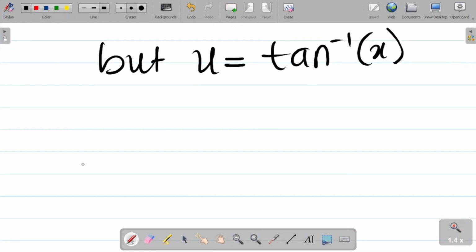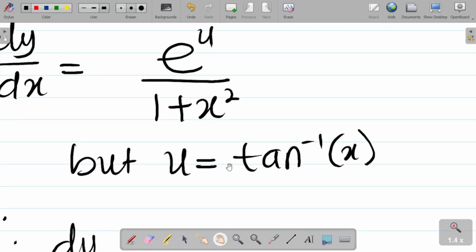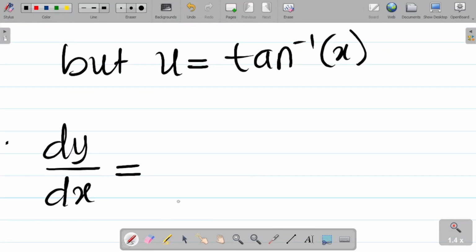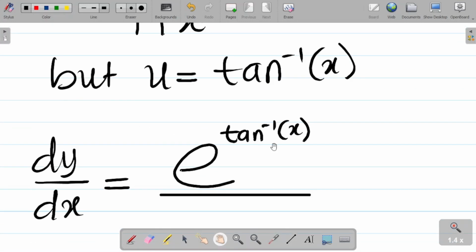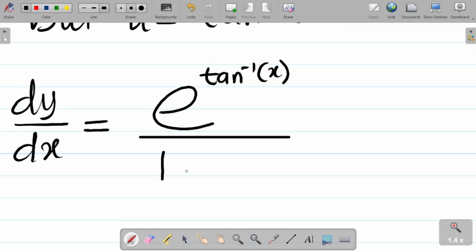So it means that therefore we can say dy over dx is equal to, this is exponential u, that becomes exponential. What's u? u is tan inverse of x. That's exponential tan inverse of x all over, so divided by, what I have here is 1 plus x squared. So it becomes 1 plus x squared. So this becomes the answer to this question, all right?